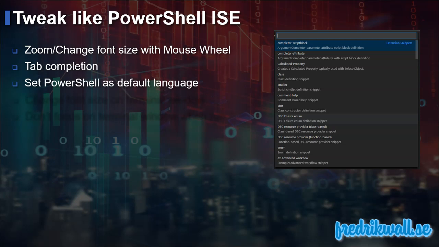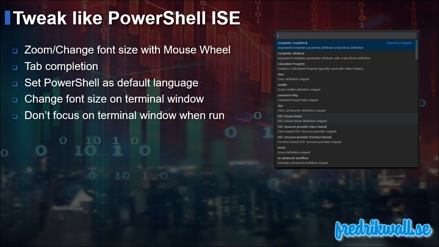Setting PowerShell as the default language, that I showed you. I want to change the font size in the terminal window as well with the mouse wheel, to be able to show the terminal window better when I do classes with PowerShell. And don't focus on the terminal window when running.